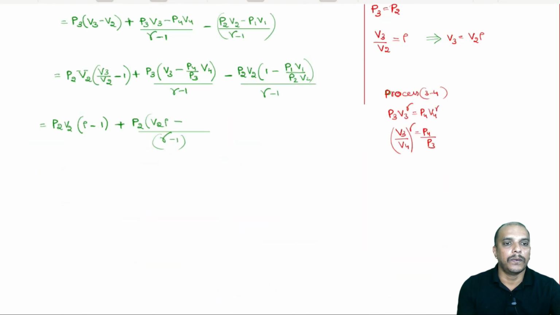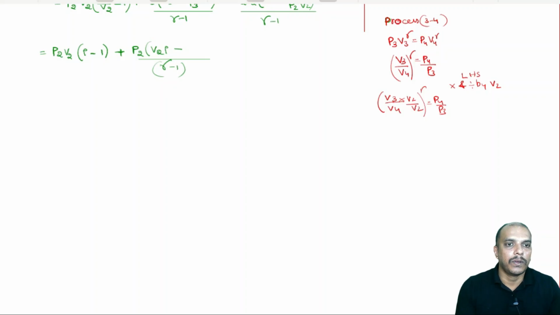Now, V3 by V4 cannot be solved directly, so I will multiply and divide by V2. So, I can write V3 multiplied and divided by V2, so V3 by V4 becomes V3 by V2 times V2 by V4. All right. So, now this is what P4 by P3 is.